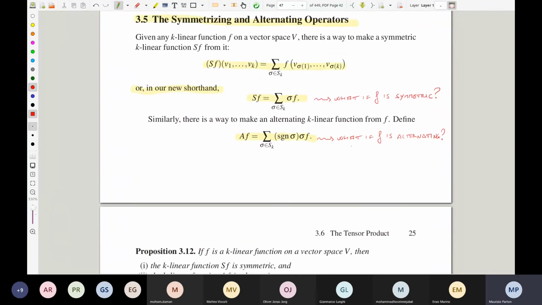Just a notice: if I have a map from V times V to R, not alternating, can you make it alternating? I mean, use it, not turn it into alternating. This is not alternating, so you can't turn it into alternating. I mean, use it to build a new multilinear function which is alternating.